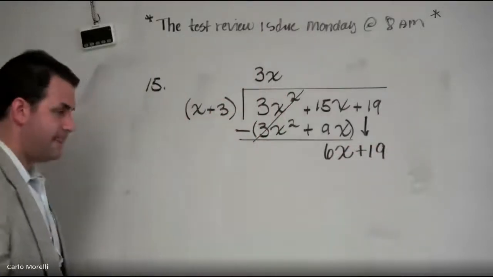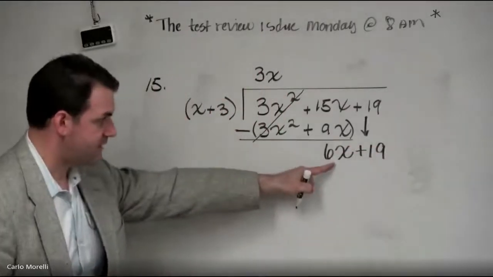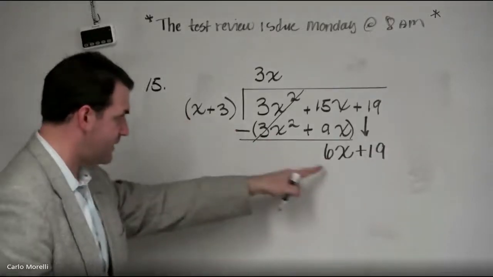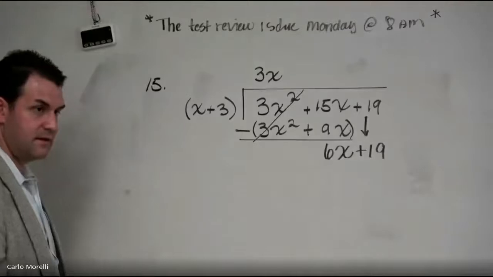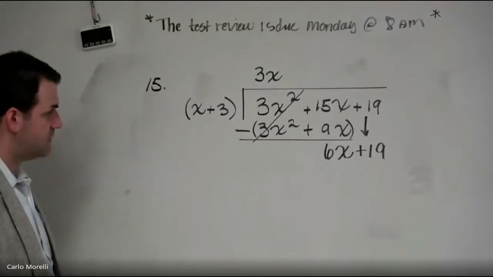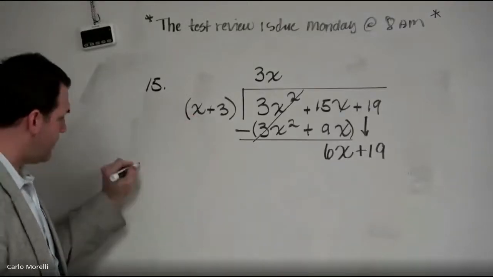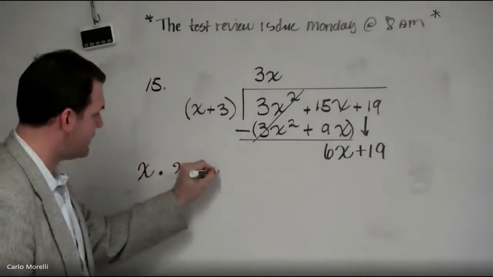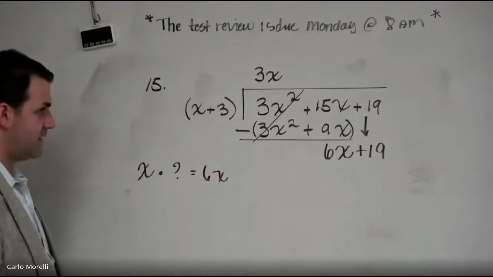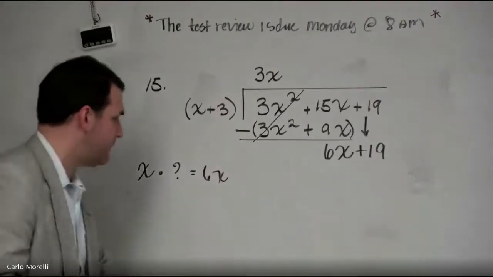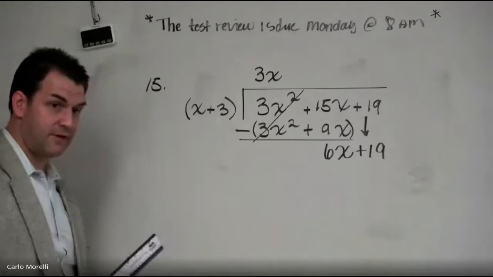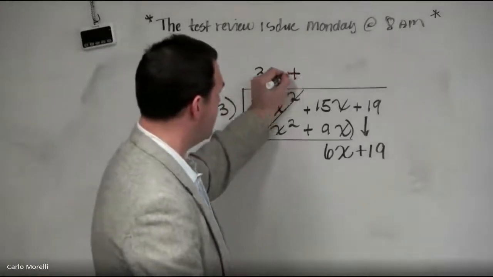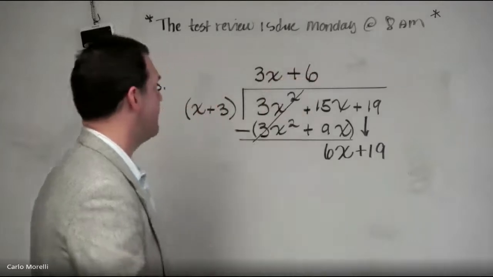Now, your attention is on this 6x and this x. And you say, what do I need to multiply by x to make 6x? 3. I'm tripping. Yeah, 2. So what you're doing in your mind is x times what equals 6x? 6, yeah, okay. Positive 6, right? So what you're going to write up here is plus 6, okay?